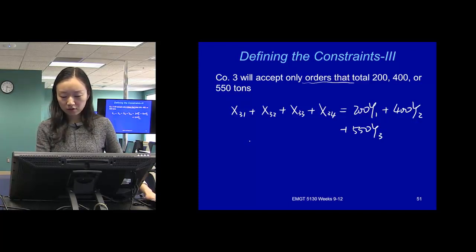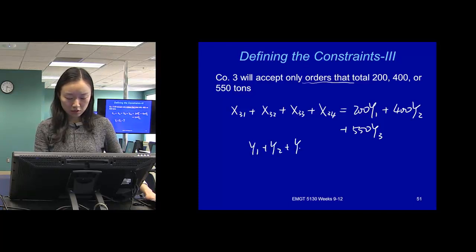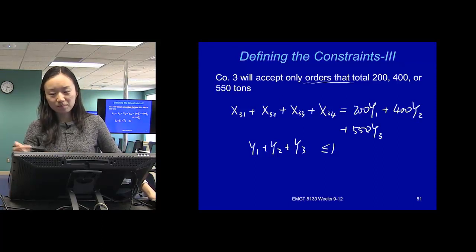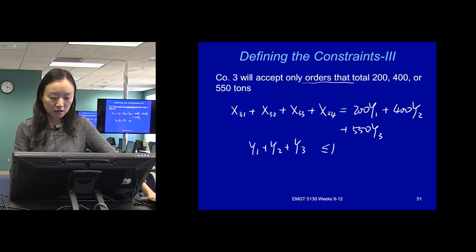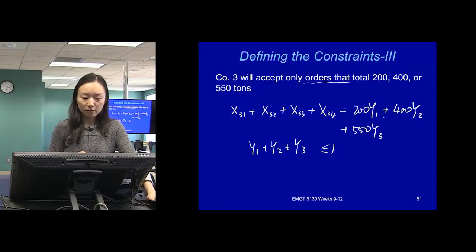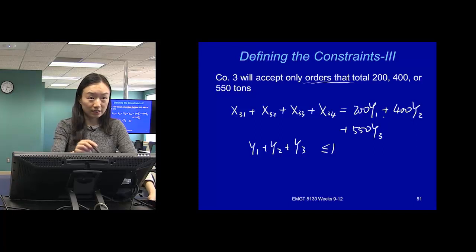So what else? y1 plus y2 plus y3 is less than or equal to 1. So the total will be either 0 or this or this or this. The rationale is that the total can only be one of them, no more than one. So you need 2 constraints for this side constraint.